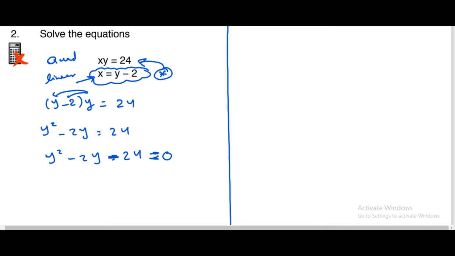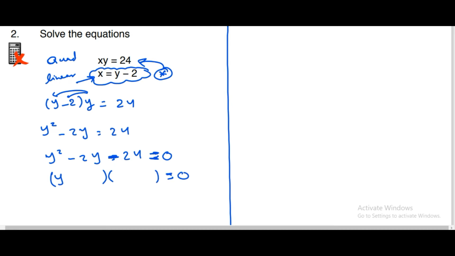Here we can use the quadratic formula, because most of the time this equation can't be factorized, but here question 1 and this question can be factorized. But so as not to be confused, use the quadratic formula all the time.